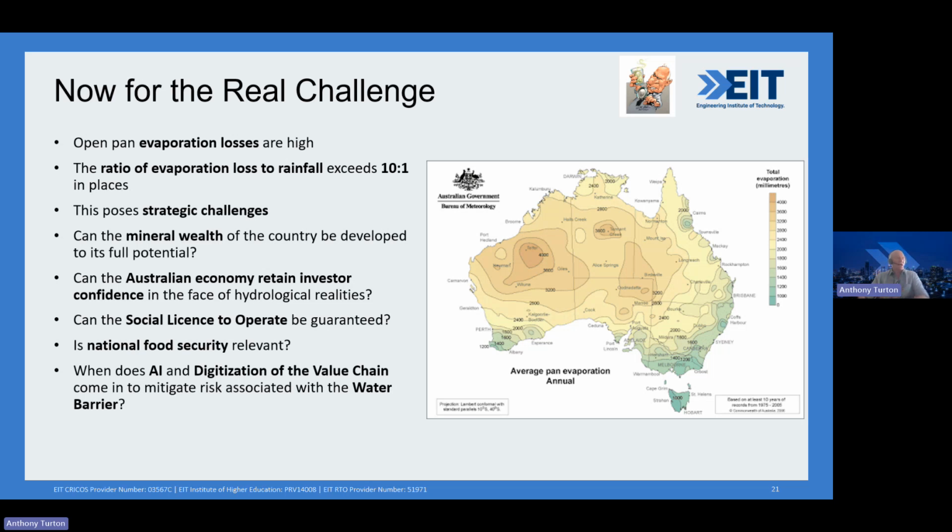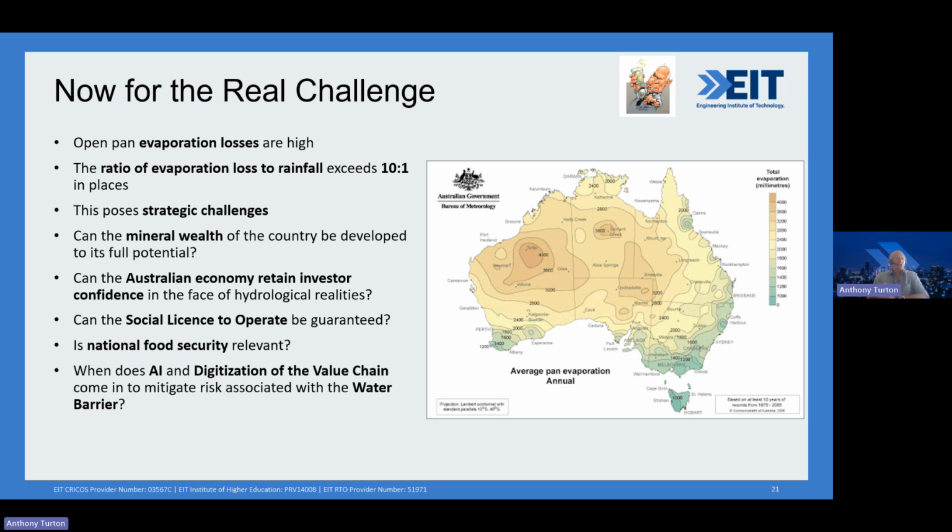Because the question is, how can the mineral wealth of a country be developed to its full potential under these circumstances? Can the Australian economy retain investor confidence in the face of these hydrological realities? And I would like to think that this is one of the challenges that EIT faces in developing a cohort of professional engineers for the future. We've got to think about these kinds of issues.